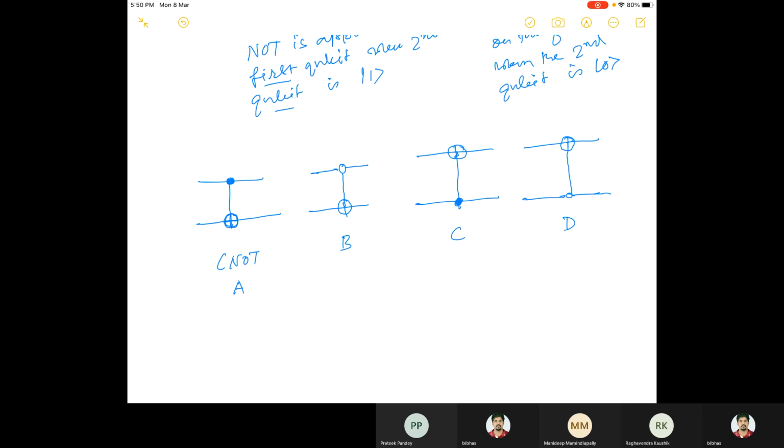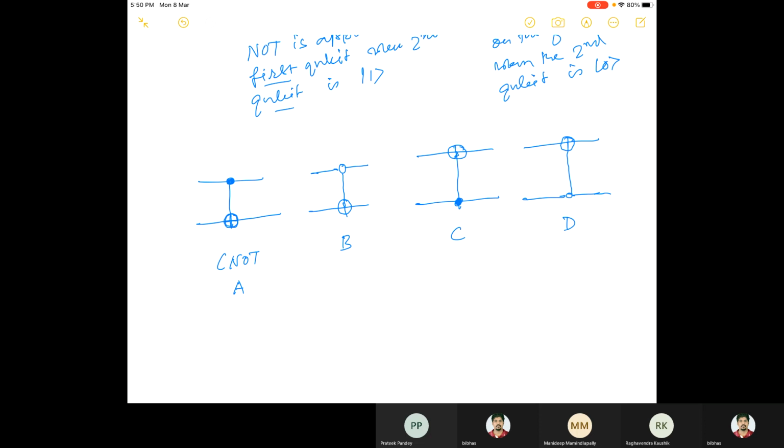So this is a different way of representing these gates. It's something different from the classical gates. But here I would like to mention one thing: in classical gates, whenever there is a straight line, it represents something related to wires, how the wires are connected.